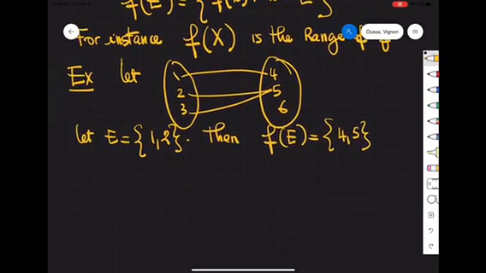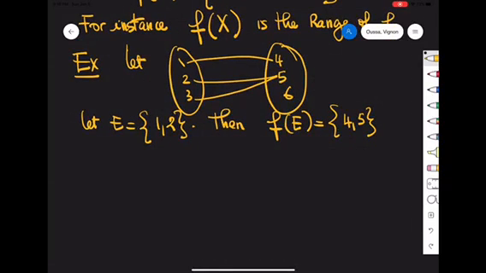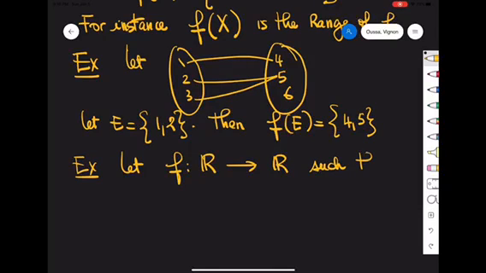Here is something a little bit less simplistic. Let f be a function from the set of all reals to the set of all reals such that f of x is 2/3 x squared plus 5.